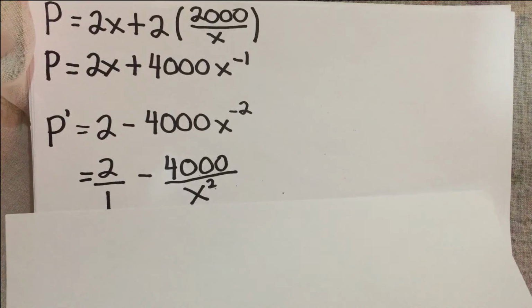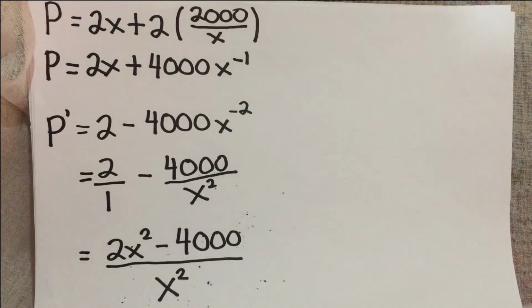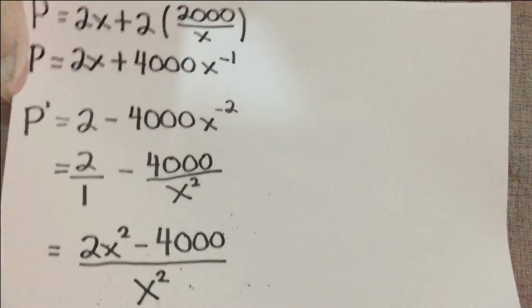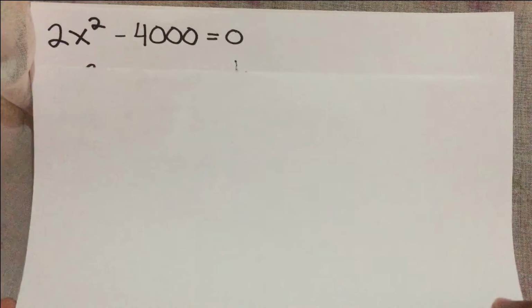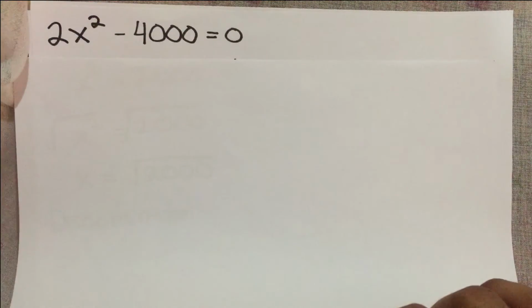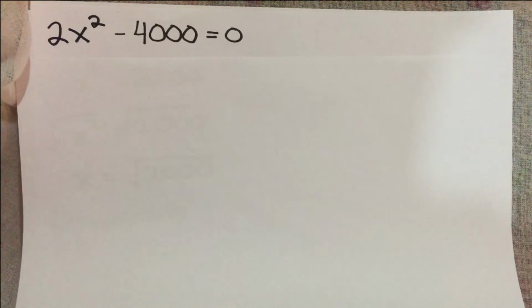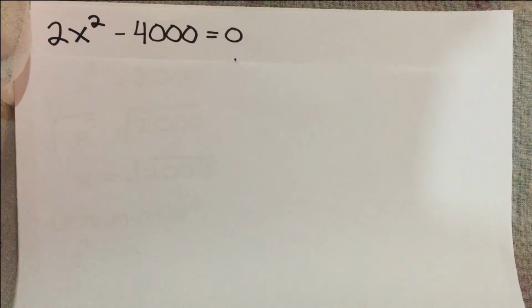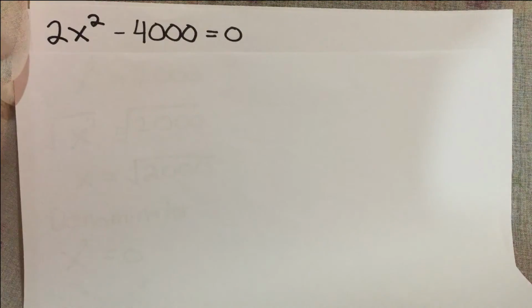So we multiply by x squared, so we get 2x squared minus 4000 over x squared. Next, we equate it to 0 so we could find x.